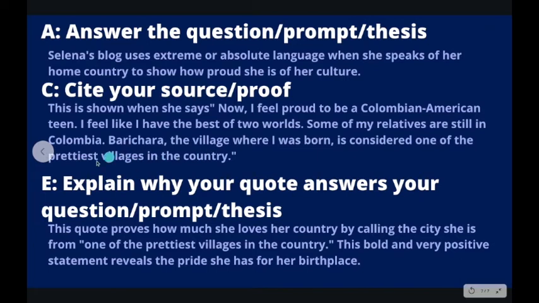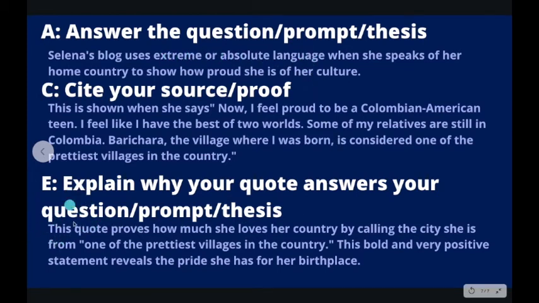The prettiest. Right? Another extreme or absolute language. So we have one example of extreme and two examples of absolute language, and they're both about her country. So I was very deliberate to make sure that whatever source I found had that extreme or absolute language, because that's what I'm trying to prove.